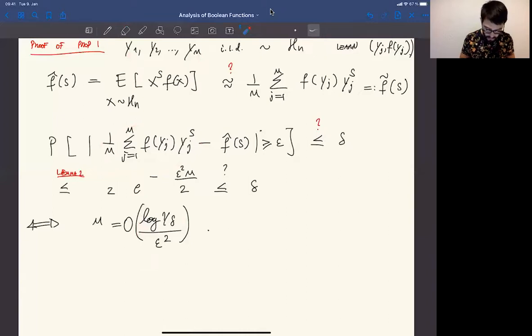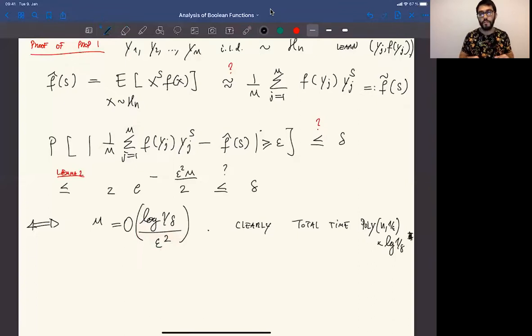And we also have this epsilon squared here. So just roughly bounding everything from above, the total time would be something like polynomial in n, 1 over epsilon, times log of 1 over delta. And that finishes the proof. Okay. So just by standard bounds in probability theory, you can come up with such an algorithm.